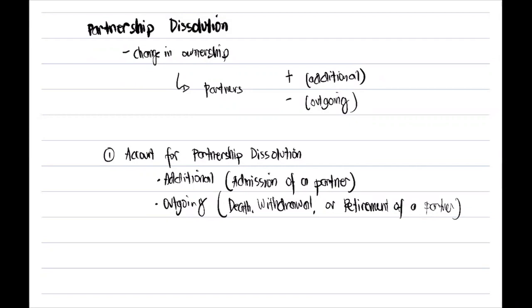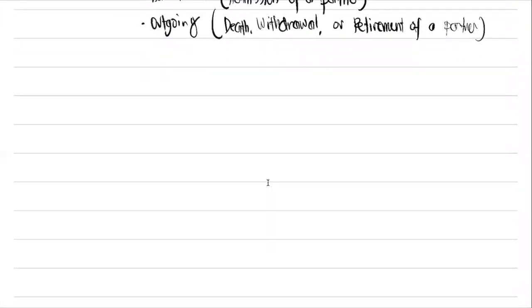For this whole session, our topic will only revolve around these items. So we account for your partnership dissolution. So let's start. We said a while back that your partnership dissolution is a change in ownership, so it's either an addition or an outgoing type of change in ownership.